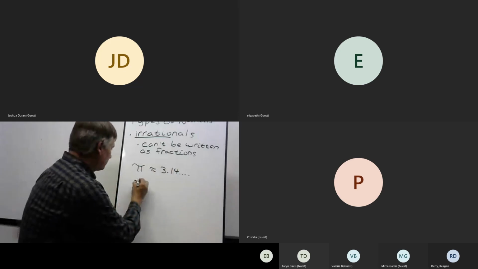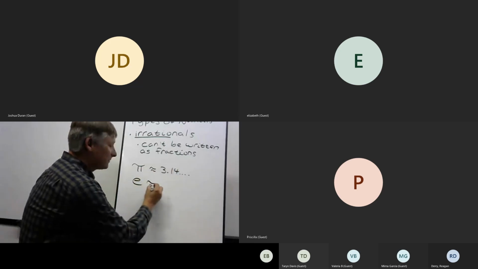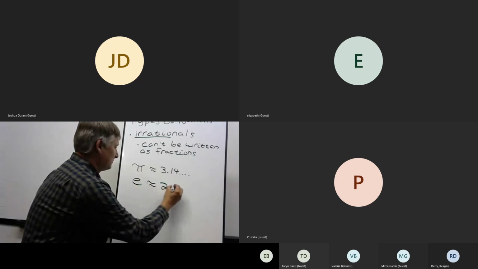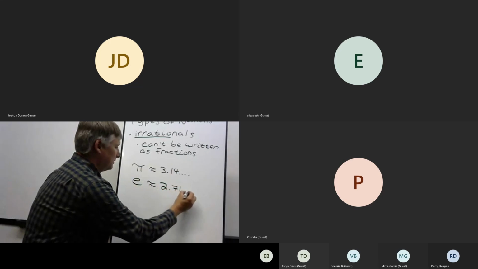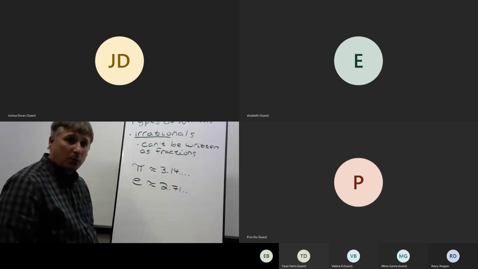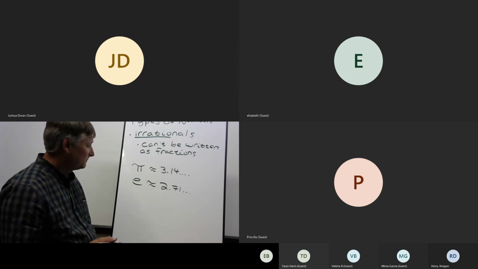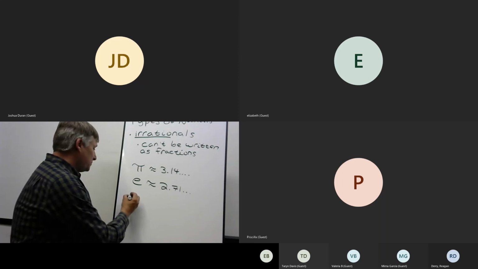E. I wondered what this was on your calculator. Usually rounded to 2.71. And it goes on and on forever. Square root of 2.